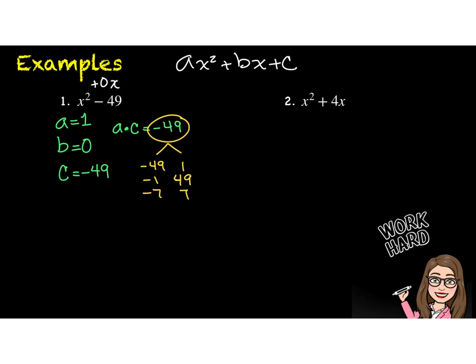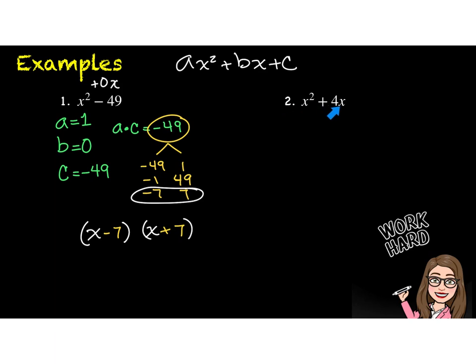Remember, we make a list of every single possibility, but we are only going to select the one that adds up to B. In this case, they need to add up to 0. So negative 49 plus 1 is negative 48. Negative 1 plus 49 is positive 48. But negative 7 plus positive 7 is 0. So that's my answer. So my factors are going to be, again, x here and x here. The first one is a minus 7. The second one is a positive 7. So this is only one type of special case.